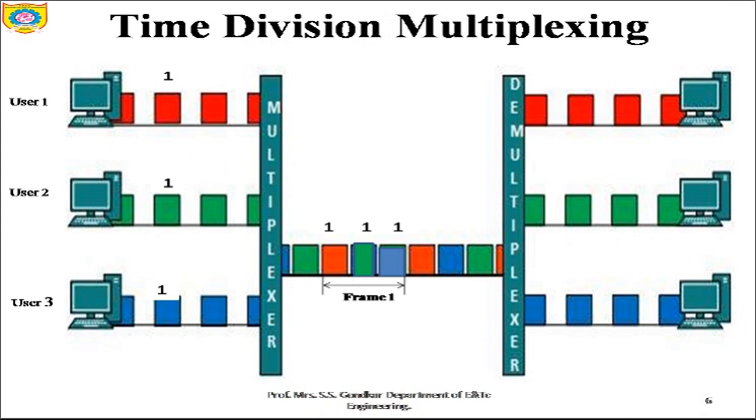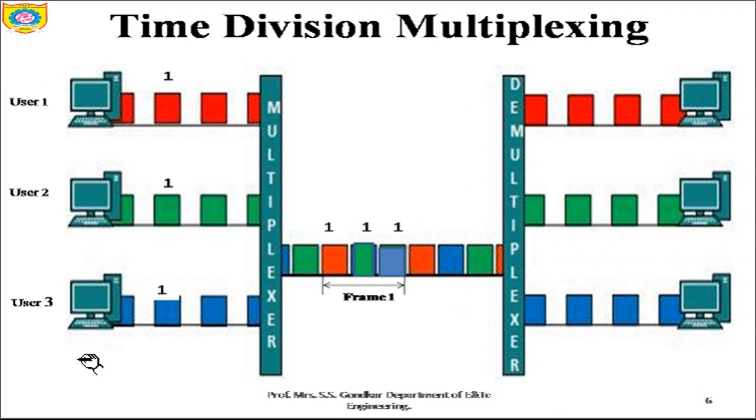So we will see one diagram in detail for time division multiplexing. Here both the multiplexing and demultiplexing processes are shown. This is the multiplexing process and this is the demultiplexing process. Whatever is carried out in the demultiplexer is exactly the reverse of what is carried out in the multiplexer.